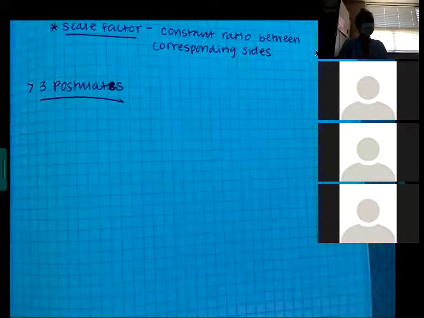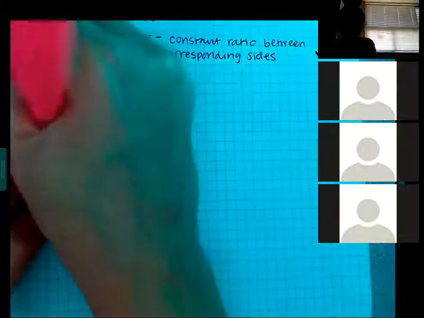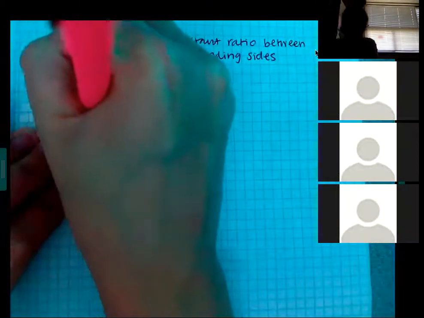I don't think I'm going to need to actually write out what these are this time because y'all know what the S's and A's represent, right? So I was just going to do postulate, example, postulate, example, postulate, example. Is that good? Okay. So the first postulate is side, side, side.